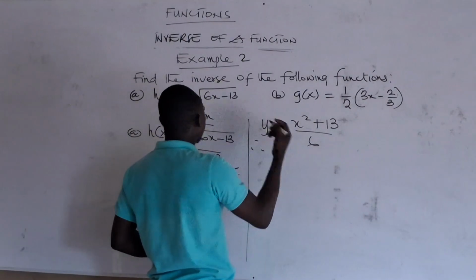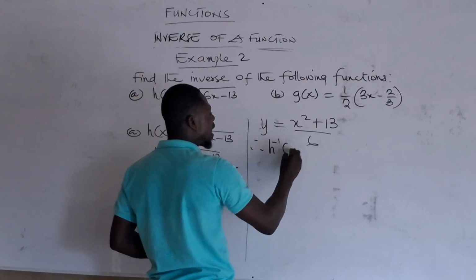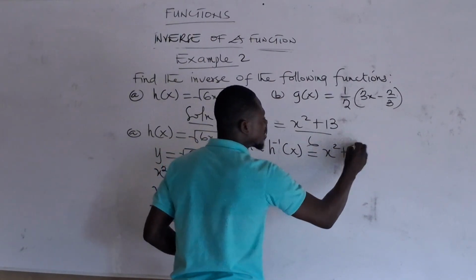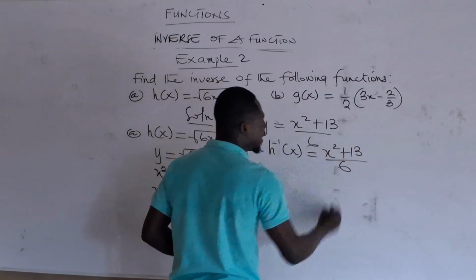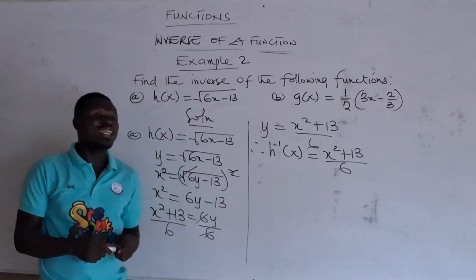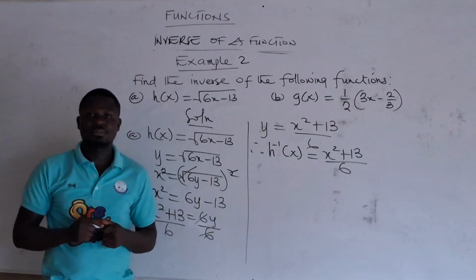Therefore, the inverse function of h of x is now h inverse of x is equal to x squared plus 13 divided by 6. So we have been able to find the inverse function of the function h of x.